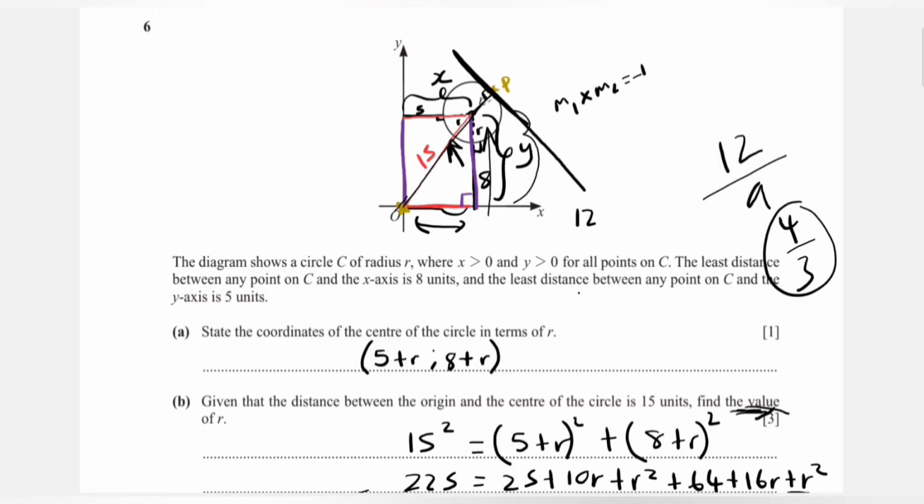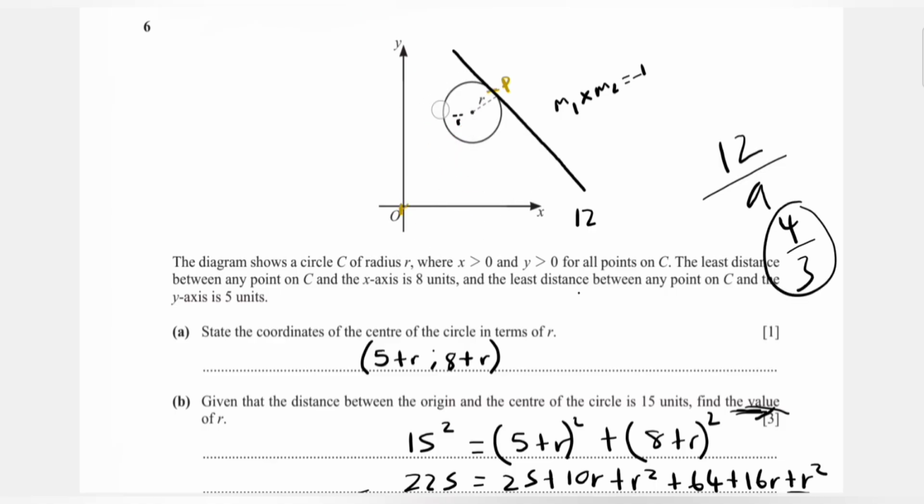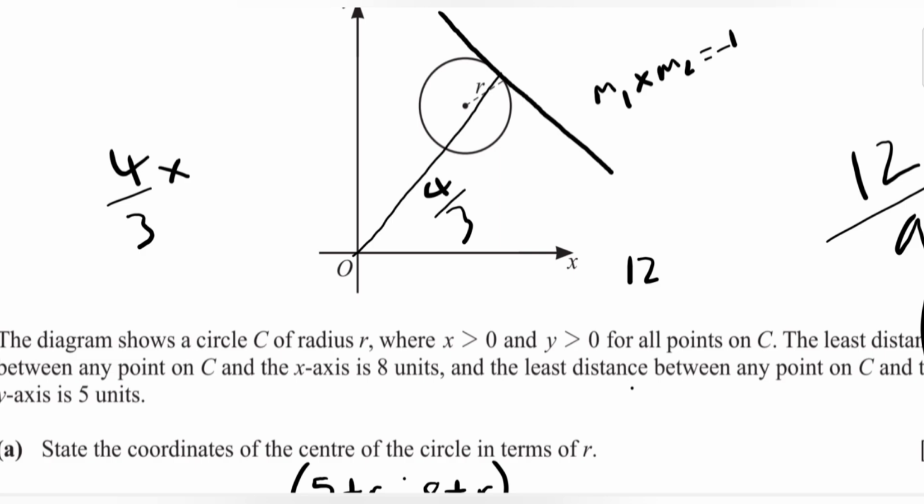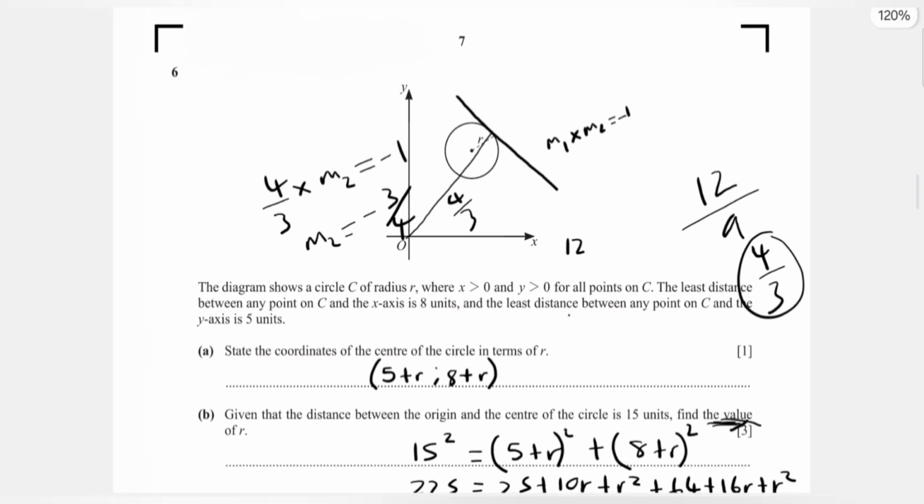So if the gradient of this line is 4 over 3, and we're being asked to get the gradient of the line that is perpendicular, we're going to say this 4 over 3 times the gradient of the perpendicular line should give us -1, and our m2 straight away is -3 over 4, right?